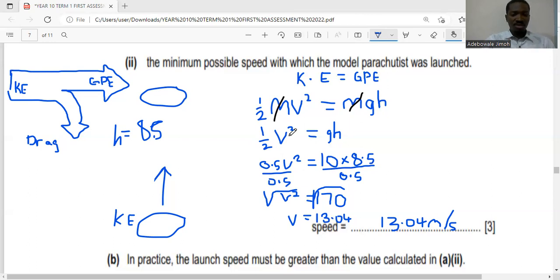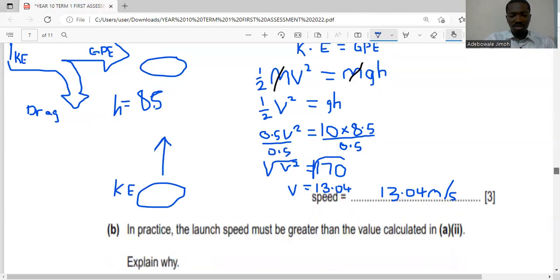Yes, so if you give it a kinetic energy of 170 joules and 10 joules is consumed by drag, at the end of the day, you get 160 joules. So if 10 joules will be consumed by drag, you launch it with 180 joules. So when drag consumes 10 joules, you get 170 joules at the end.